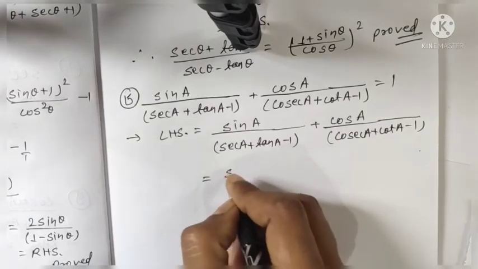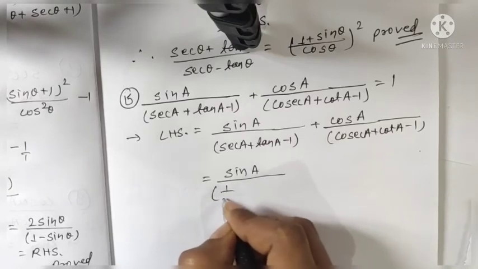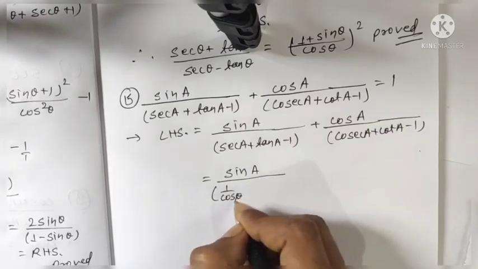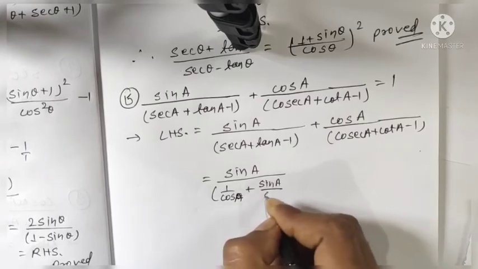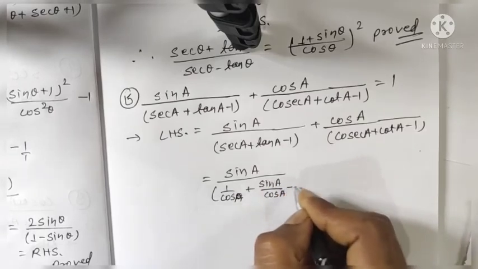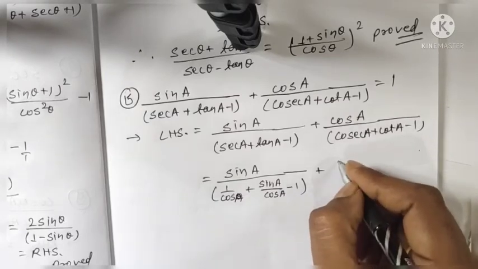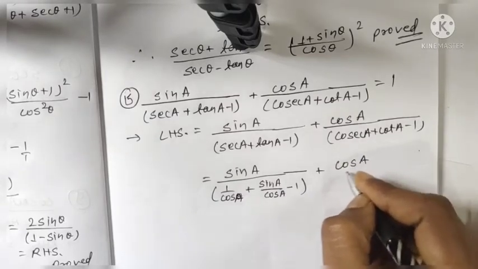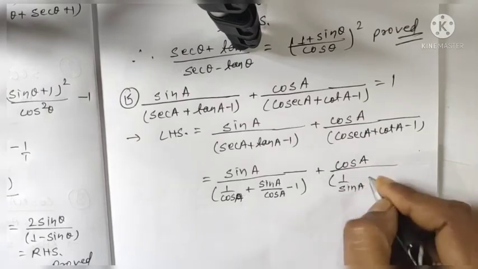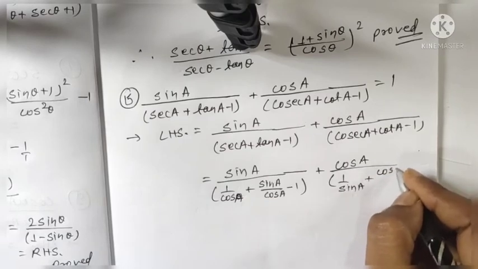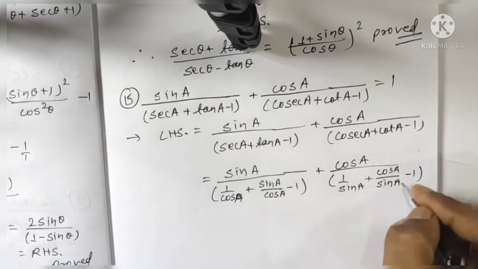Then it will be sin A by (1 by cos A plus sin A by cos A minus 1) plus cos A by (1 by sin A plus cos A by sin A minus 1).